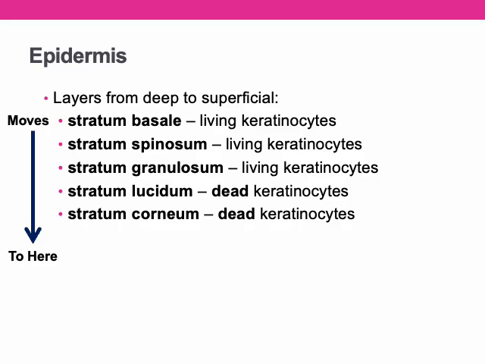The epidermis is composed of 4 to 5 different layers or zones. The reason I say 4 to 5 is because the presence of this layer or zone, stratum lucidium, is going to depend on the location. So in places where there's thick skin, stratum lucidium is present, while on the other hand, in places where there is thin skin, stratum lucidium is most likely not present.